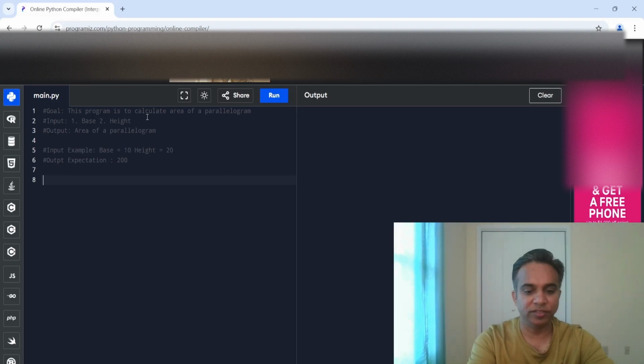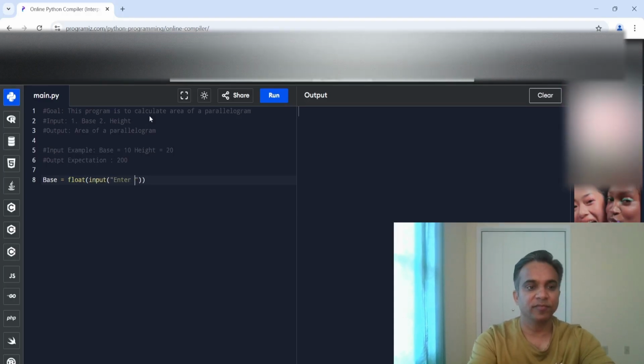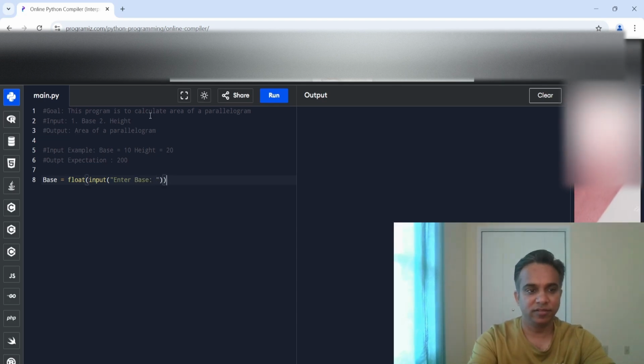The two inputs, so it's going to be base equal to float input, enter base, height equal to float input, enter height.